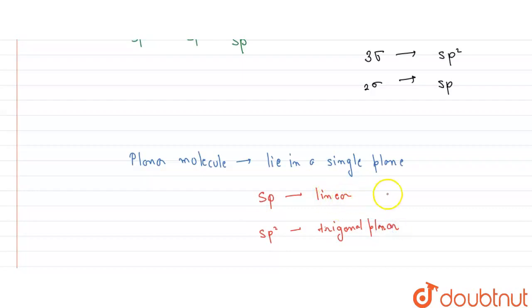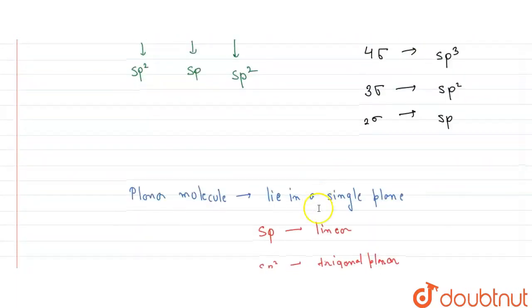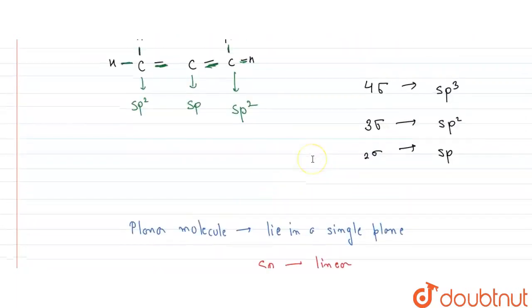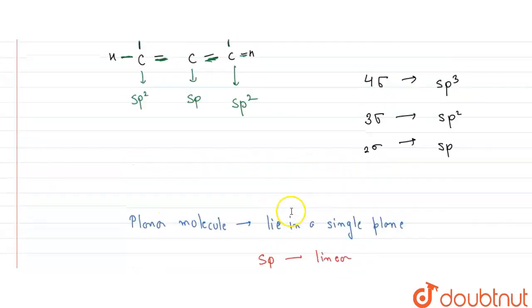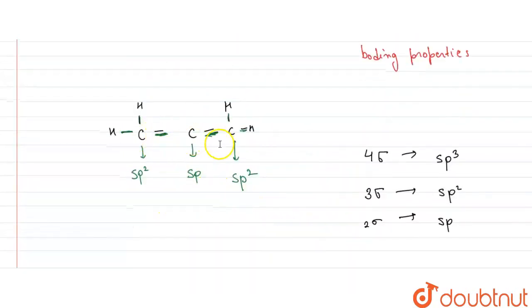Basically, linear means it is just a simple line, and trigonal planar means it is a shape of triangle in a plane. Once we move to sp3, sp3 is tetrahedral, which is non-planar, which is actually a 3D structure. So this is what a planar molecule is. Now, if with this logic we try to find the planarity of this compound, then we can say that this is planar. But actually this is wrong.